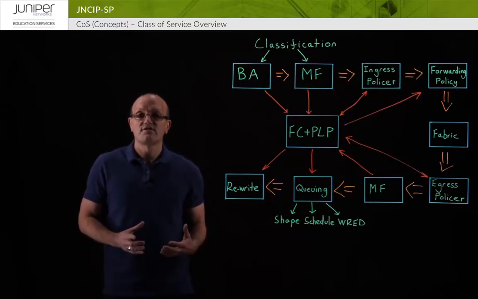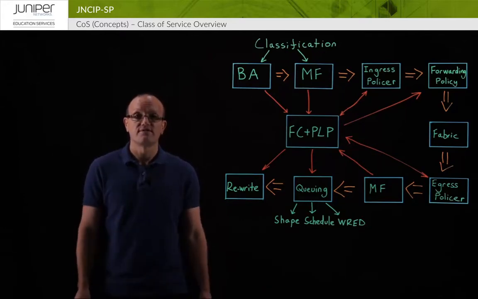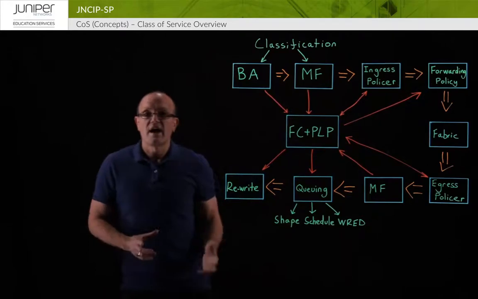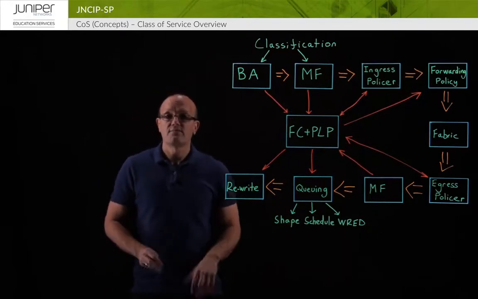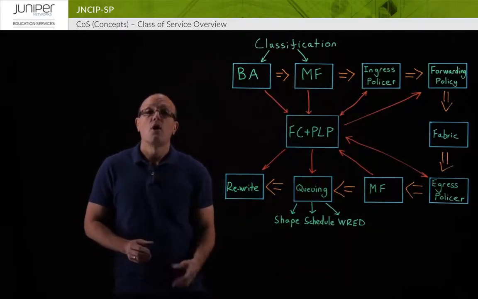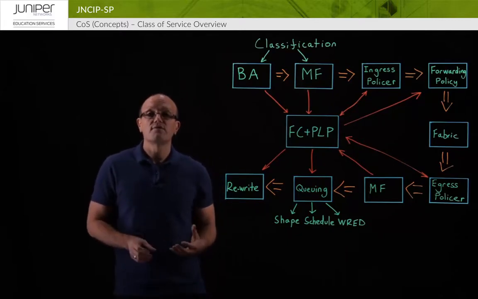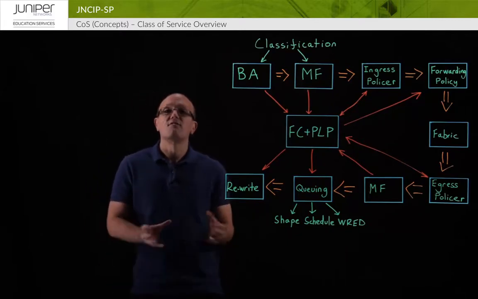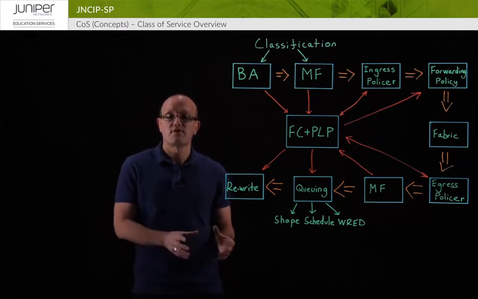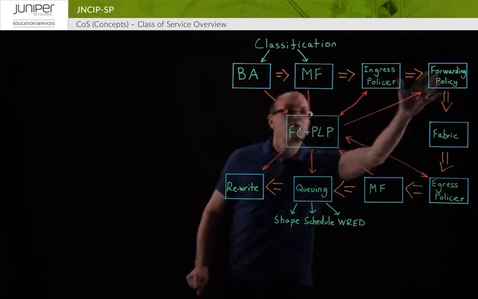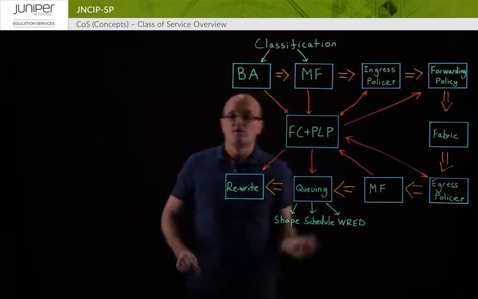How is class of service implemented on a Juniper device? On the right-hand side of the board here, we have an outline of some of the key elements of class of service on a Juniper device. And we can follow them through a packet arriving on a router, being processed, and leaving that router. On the top here, we have the flow of traffic on ingress.